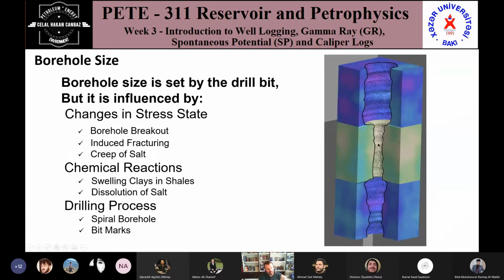This is almost straight, right? So when you compare this one with the upper formation, it has too much difference. So when you do your caliper log, you get the information on which part the lithology is harder, the strength is higher, and in which part it's not.